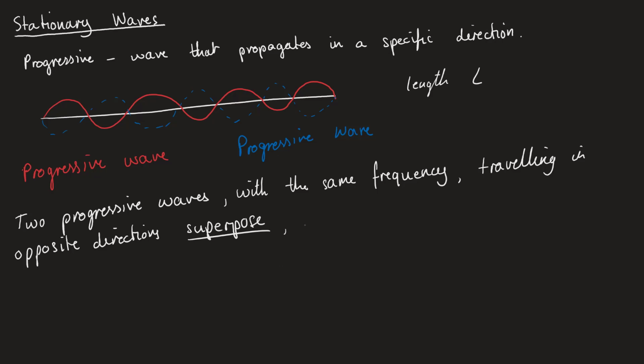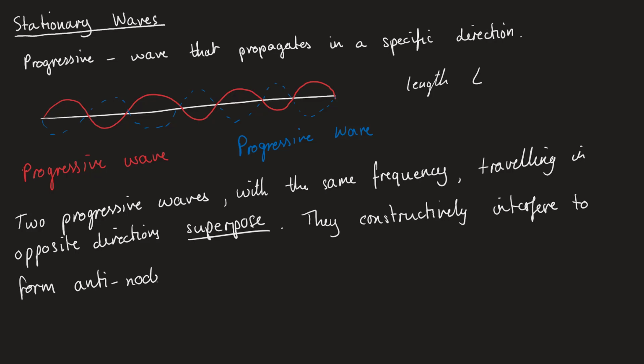They constructively interfere to form antinodes and destructively interfere to form nodes.